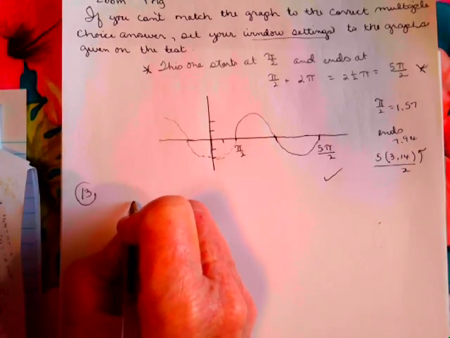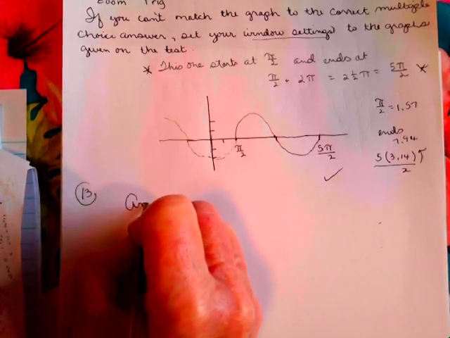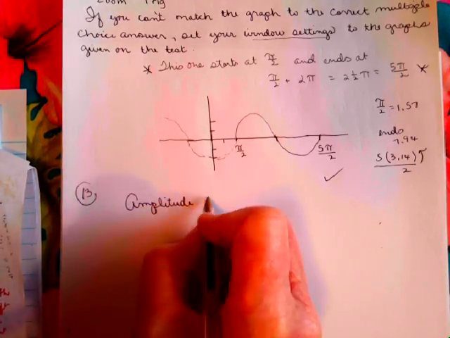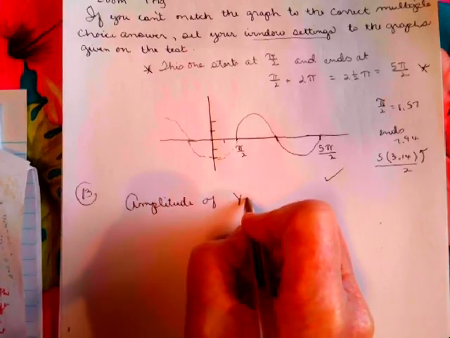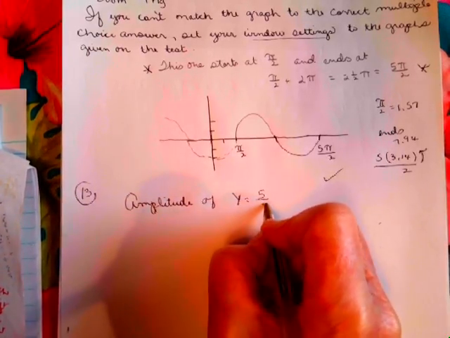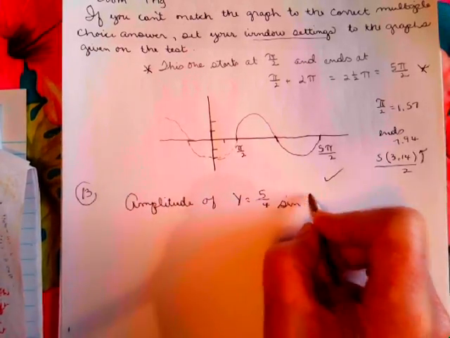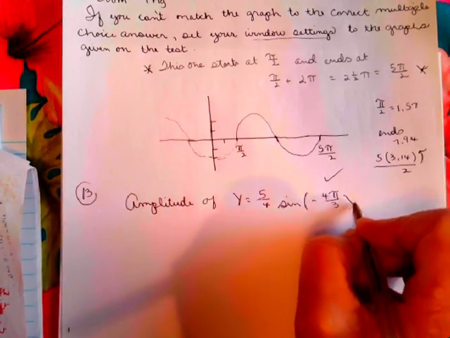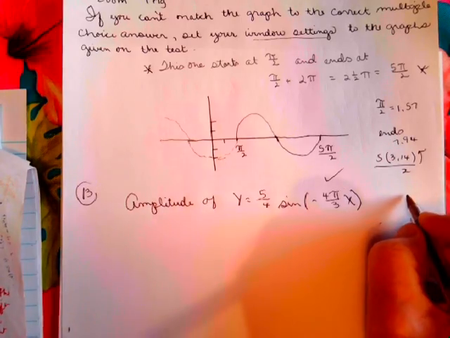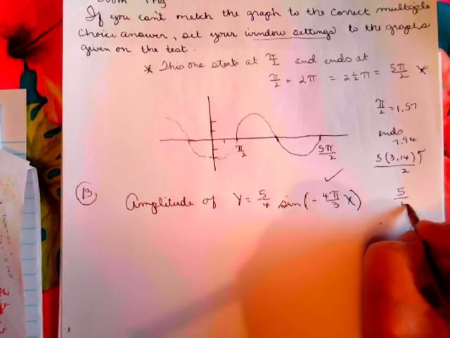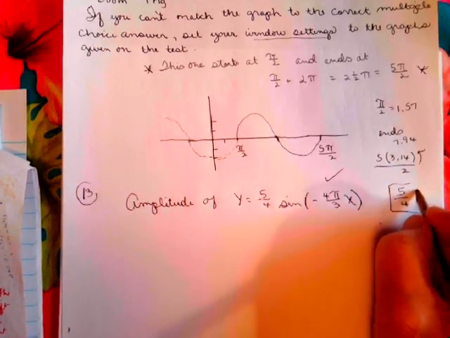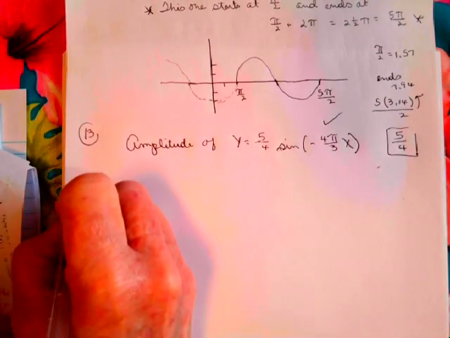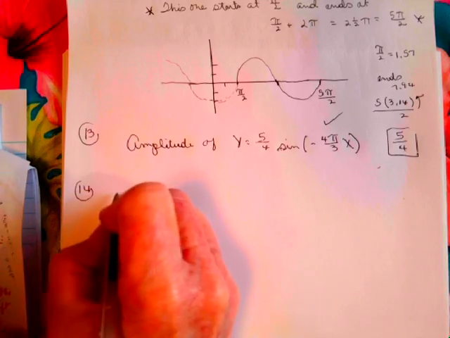Number 13, find the amplitude of y equals 5/4 sine of negative 4 pi over 3 x. Well, all we got to do is look at that number at the beginning of this thing in front of sine. Amplitude 5/4. Number 14.